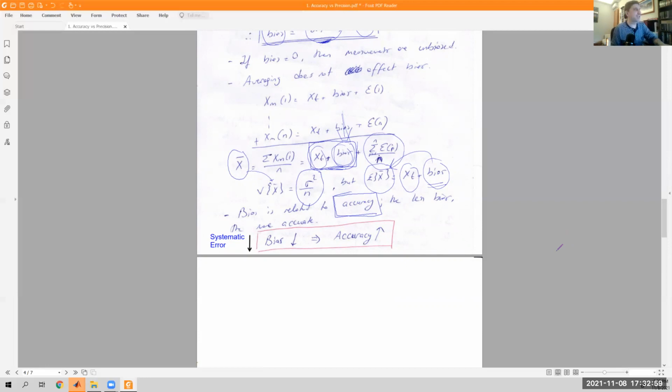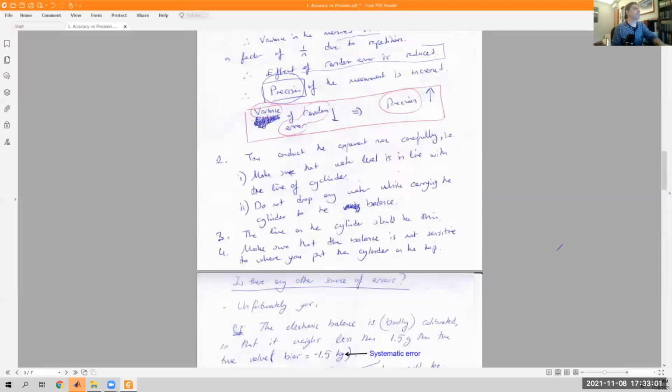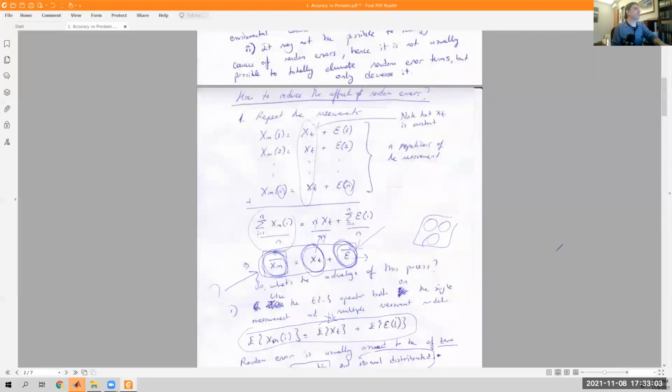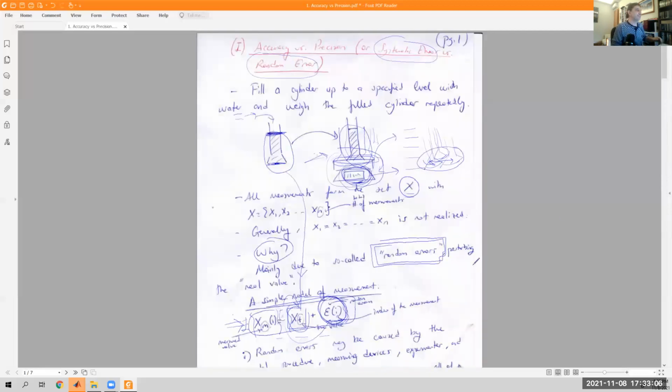Of course, this is pretty much meaningless in the abstract, so let me go through this experiment again. Let's say that I fill the graduated cylinder up to a point, then I bring this graduated cylinder to the weighing device, put it here, and measure the weight.